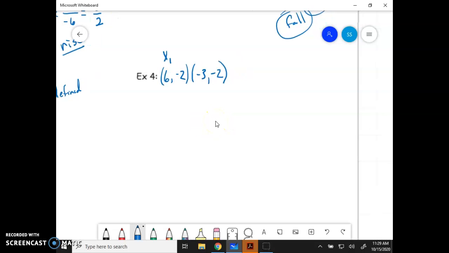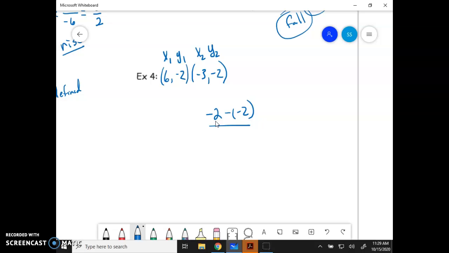Let's go ahead and label these points x1, y1, and x2, y2. Go ahead and follow the formula. That's -2 minus -2 again. The formula tells us to subtract, so make sure that if we have minusing a negative, we put this in parentheses. That way, it reminds us we have to change those signs.